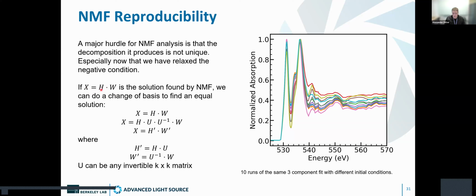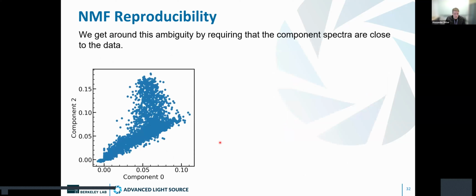One of them is the components, and one of them is basically the images that we're seeing. You can insert whatever invertible matrix you want here, and you will get a just as valid solution. So what we end up doing is using that freedom to constrain the components.